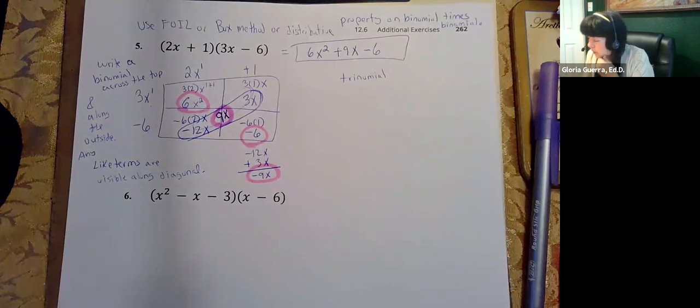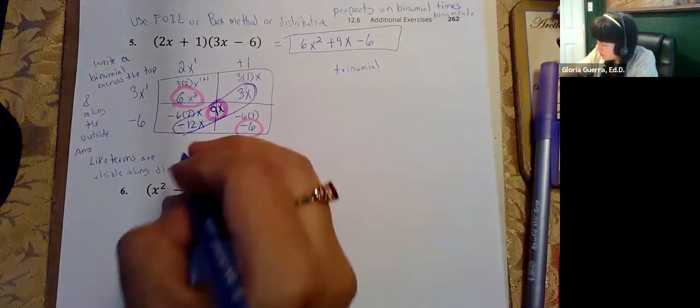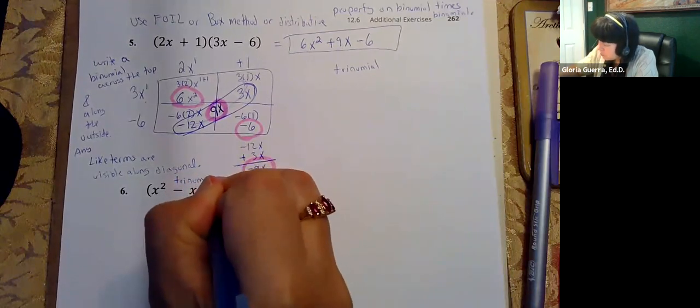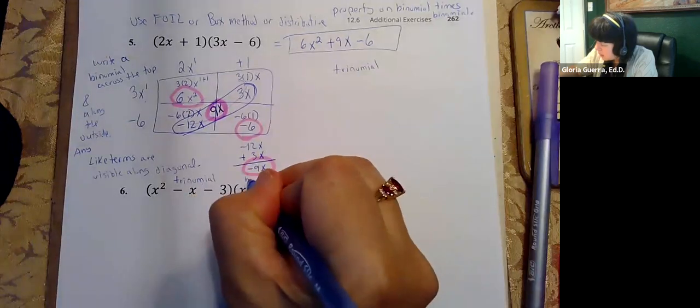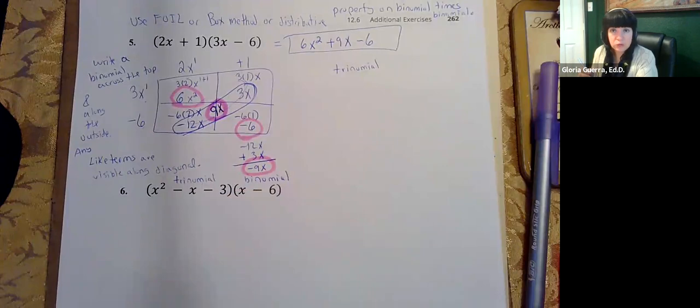Okay, and then now on number 6, I'm gonna show you the distributive property. And this is a trinomial times a binomial. So you definitely cannot use FOIL on that. FOIL is only a binomial times a binomial. So you have a choice.